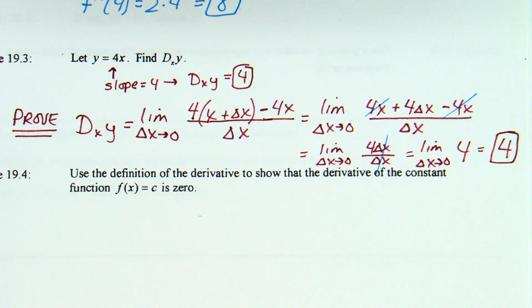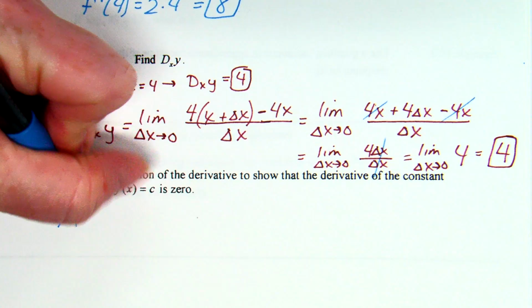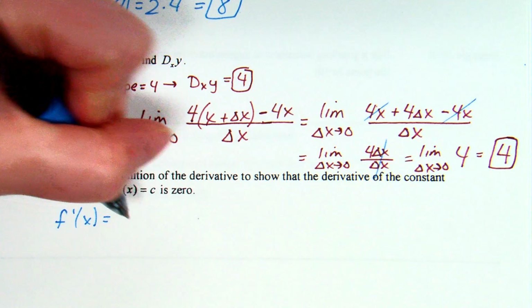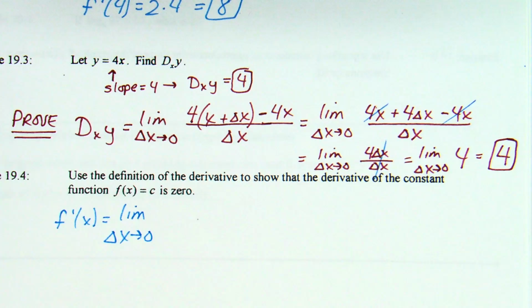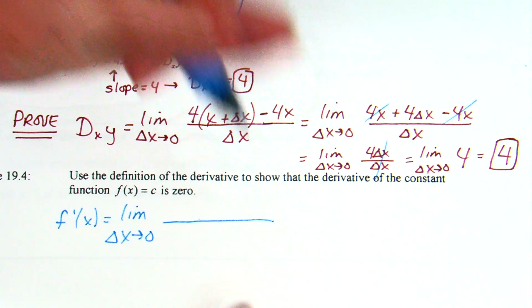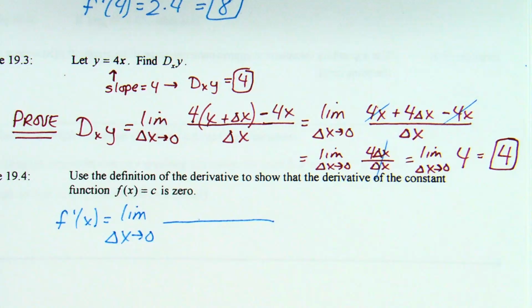So, definition of derivative. I'm going to say f prime of x equals, what am I going to write in front of my definition of derivative? Limit as delta x approaches 0, f of x plus delta x. So we're going to use our f of x.